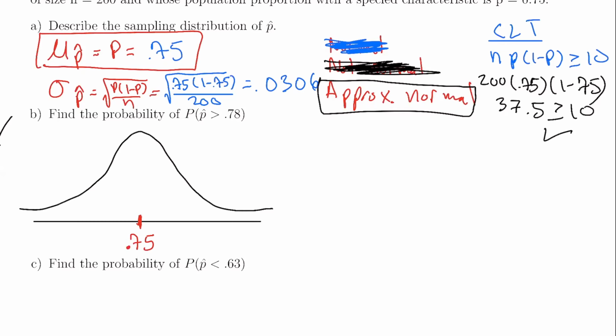Now we put what we're trying to find the probability for, or the likelihood of occurring. We're trying to find how likely it is in a sample that we could get 78%, because that's what this is saying. So 0.78 should be somewhere over here.